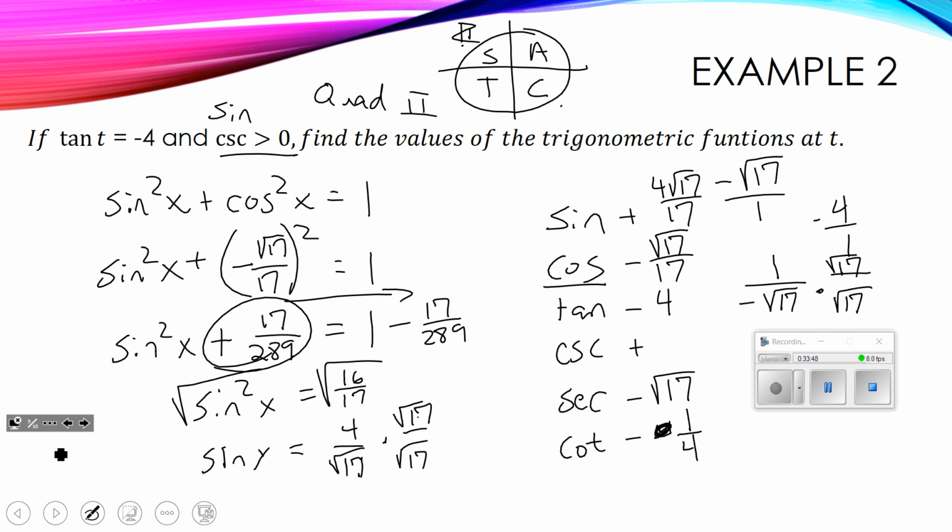Or you could do this, flip this one. I feel like it's just going to be square root of 17 over 4, because I flipped it from there. Does that make sense? If the sine is equal to 4 over square root of 17, before we rationalize it, when I flip it, it'll just be square root of 17 over 4.